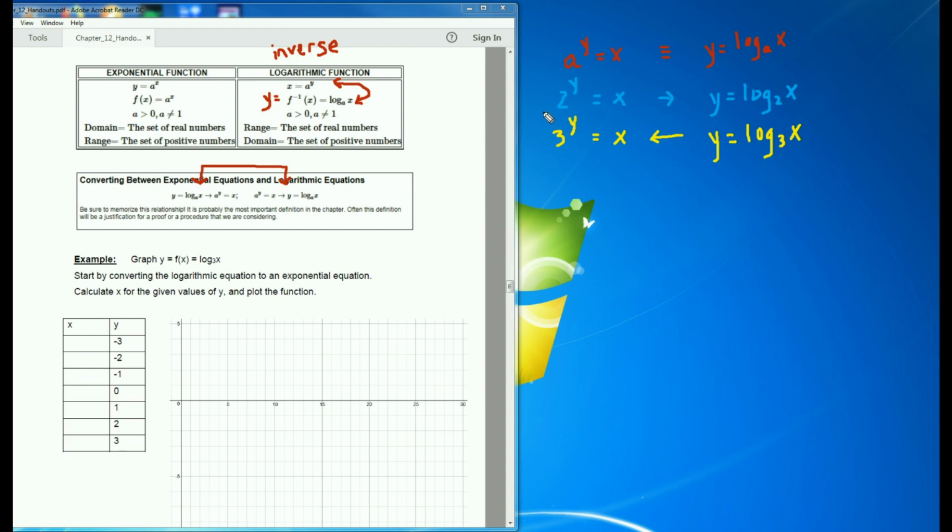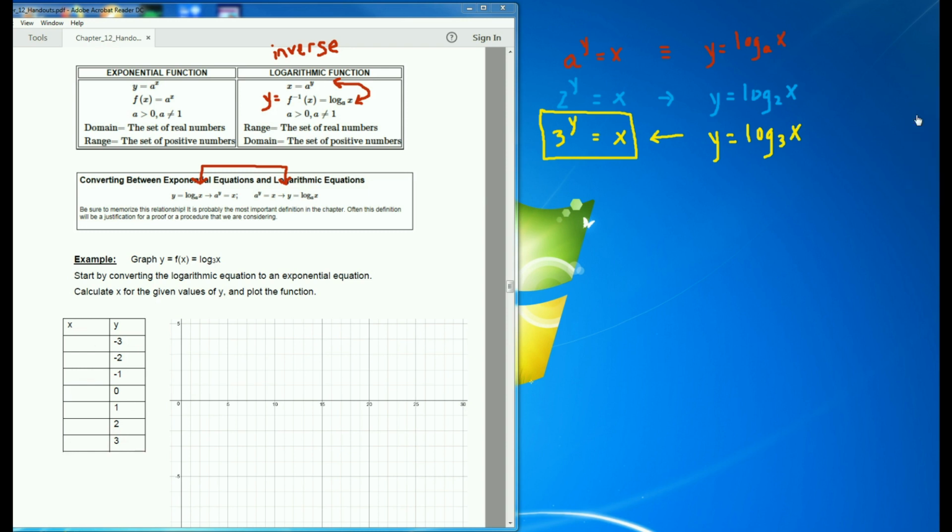All right, so this is what we're going to plot. We can calculate x if we pick our y's. That's why in the table here, I've already picked the y's for you, and then you calculate the x and plot the ordered pair.